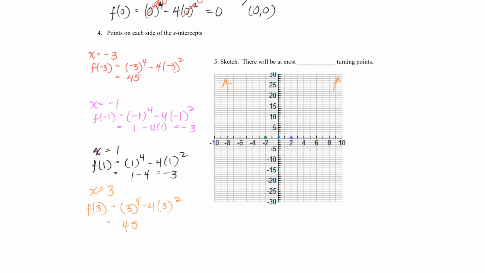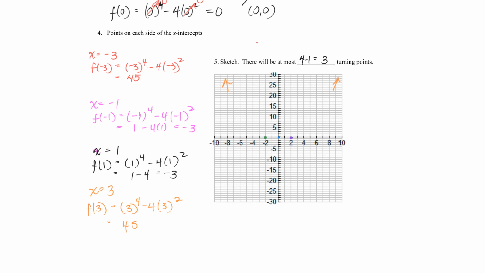All right, so now I'm ready to plot my points. I do know that because the degree of my polynomial was 4, there will be no more than 4 minus 1, or 3, turning points. So plotting my points, I have (negative 3, 45), that's going to be up here somewhere.